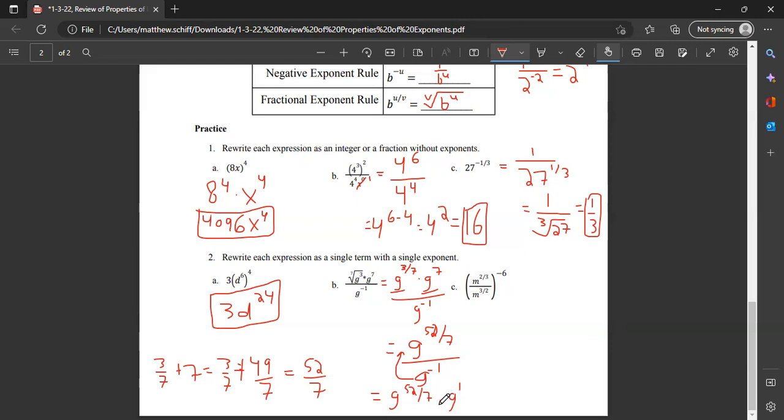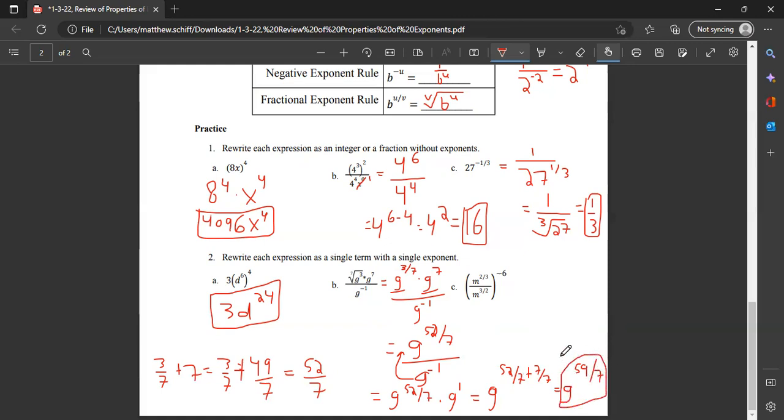So I'm multiplying the 2 expressions. 52/7 plus 1. 1 is 7/7. So this is g to the power of 52/7 plus 7/7. The result is g to the 59/7 power. That's as far as we can go.